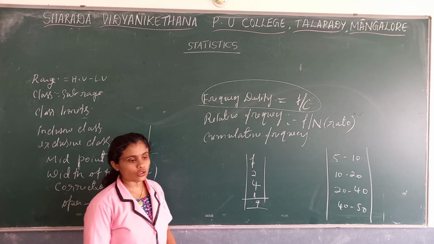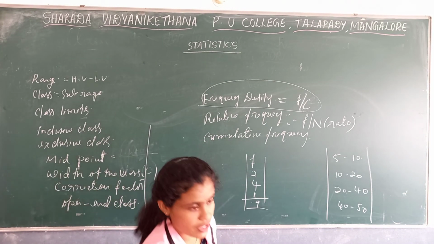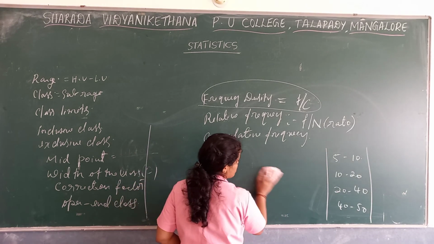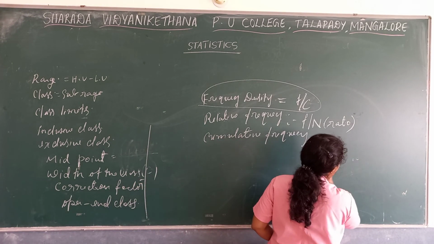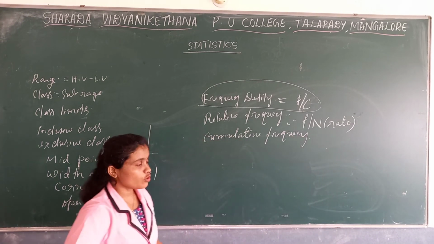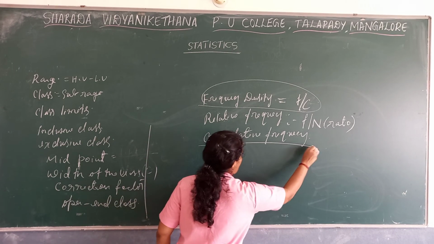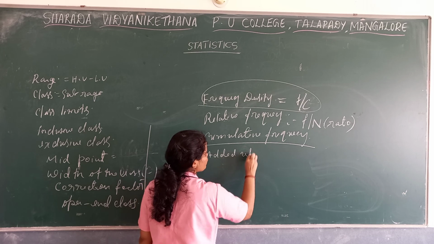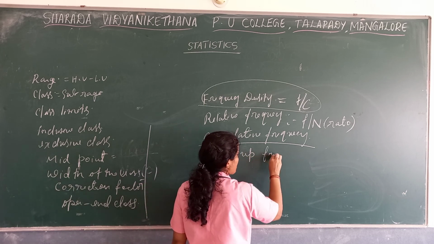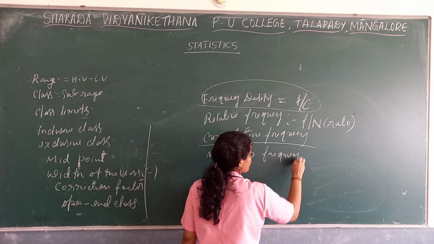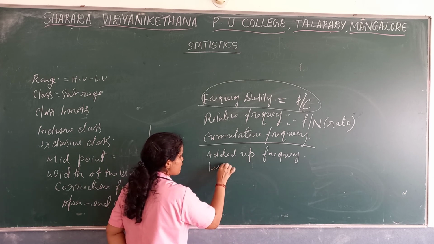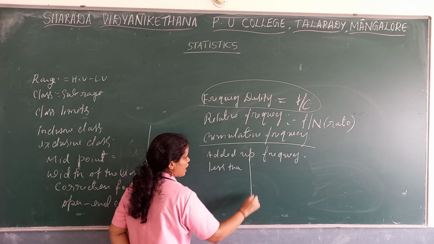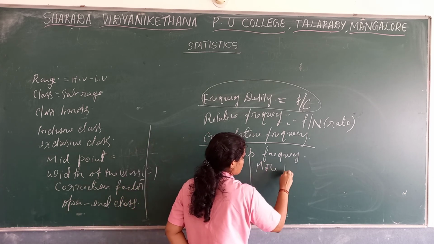Then we discussed cumulative frequency. What is cumulative frequency? Added up frequencies are called cumulative frequencies. And there are two kinds of cumulative frequency, less than cumulative and more than cumulative.